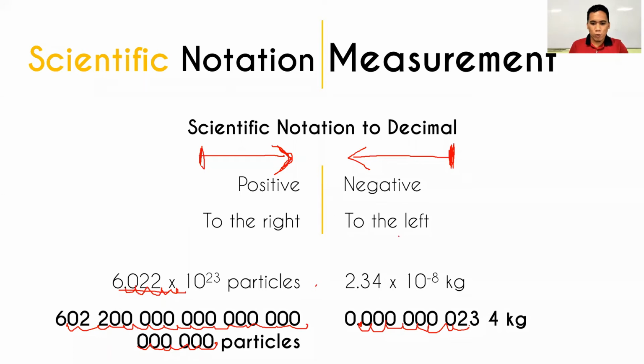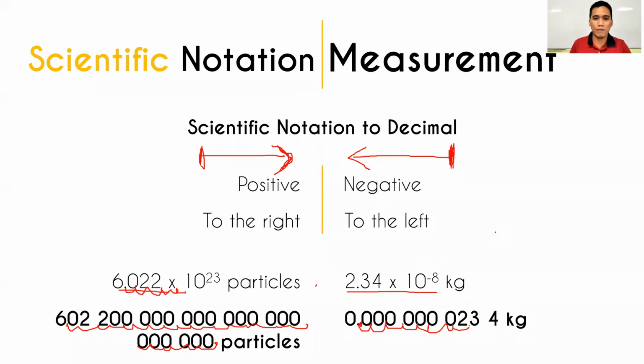And when the exponent of your 10 is negative, just like 2.34 times 10 to the power of negative 8, since it is negative, it means it is a very small number, which is 0.0000000234. So it means a very, very small number.